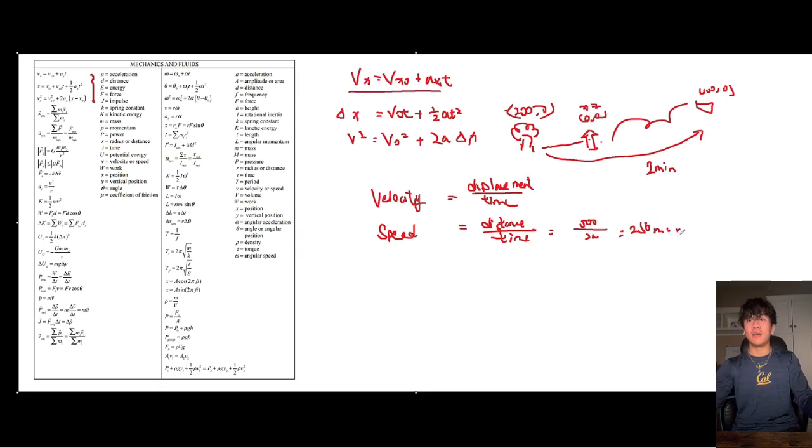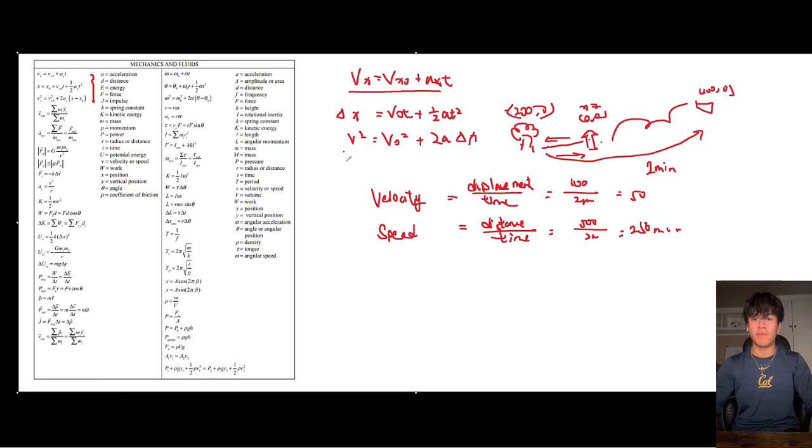But what he can say is you have a really slow velocity, because your displacement over time, with the 200 here and 200 here cancelling out, will be 100 blocks over 2 minutes, which is only around 50 blocks a minute, which is slow as hell. Remember that speed is distance, and velocity has a sign, so what matters is your displacement.